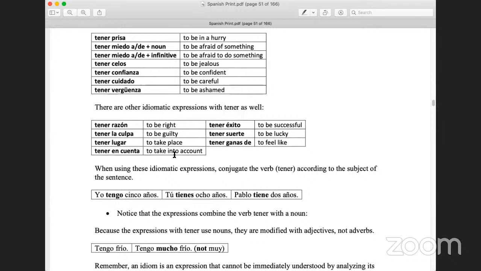To take place, tener lugar. Tener en cuenta, to take into account. Tener éxito, to be successful. Tener suerte, to be lucky. Tener ganas de, to feel like.